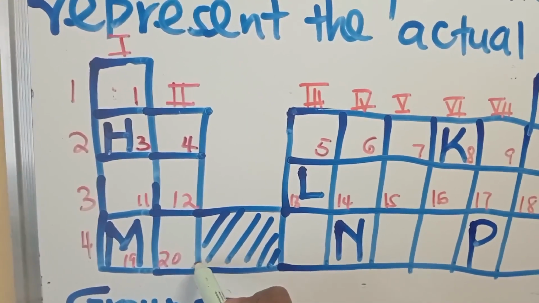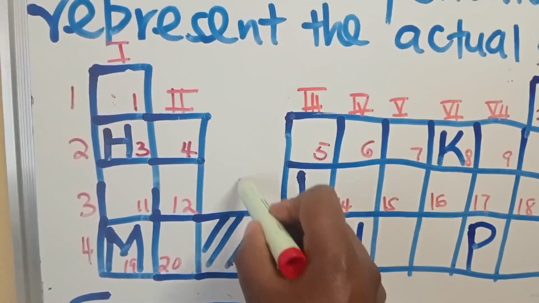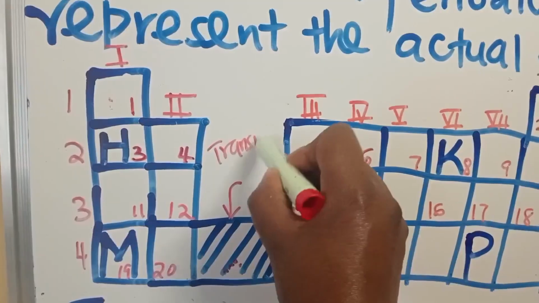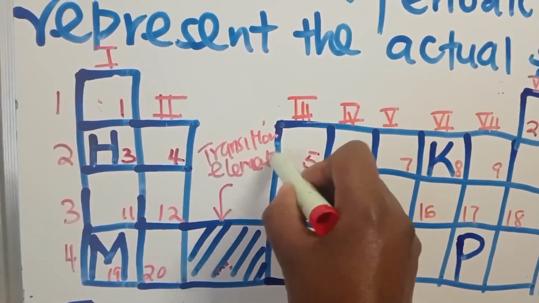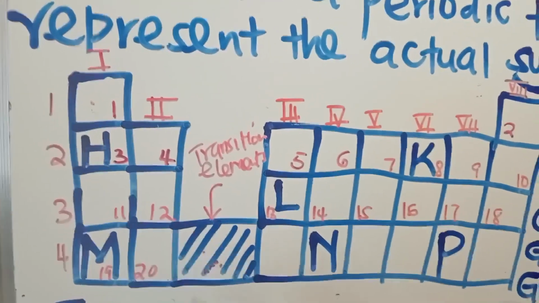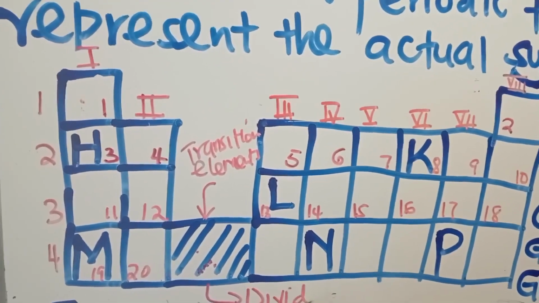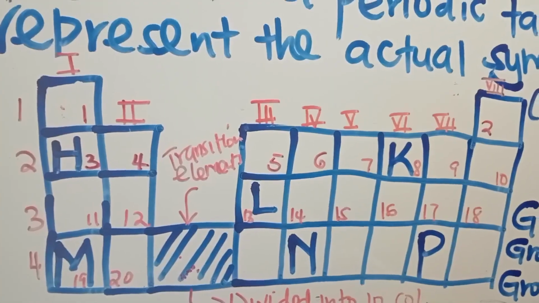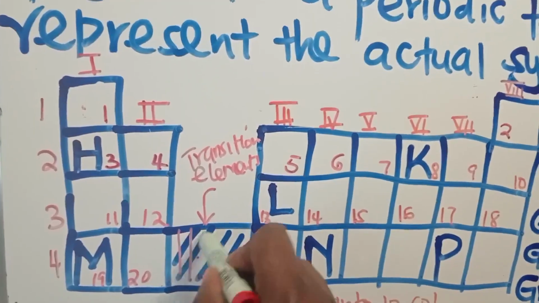Once we reach number 20, there is this space that is in between that we said belongs to the transition elements or the transition metals. This space is usually divided into 10 columns, or the vertical spaces.